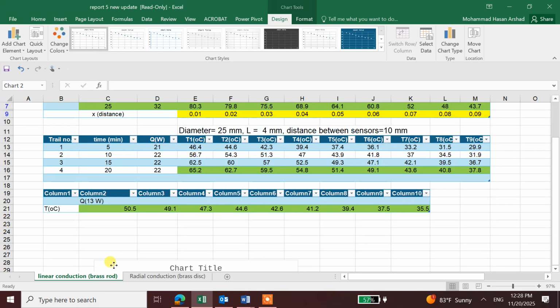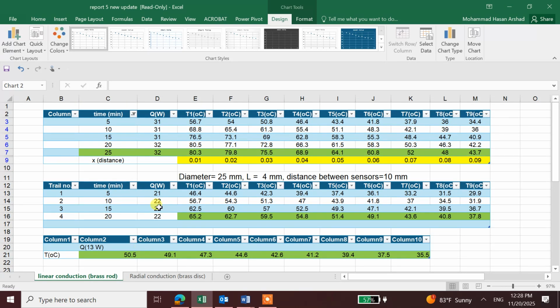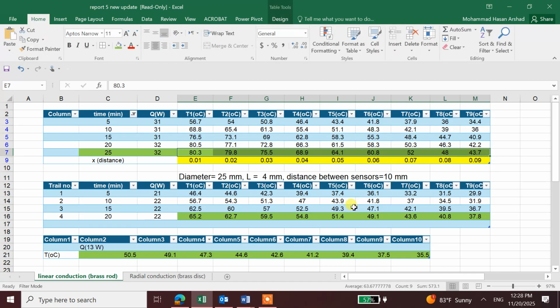Apart from this, just do it for one. Then you need to draw only the steady state. This is one steady state, another one is this steady state, and then we have this.